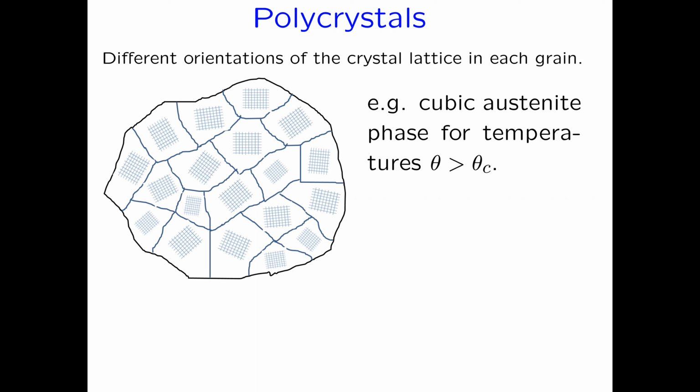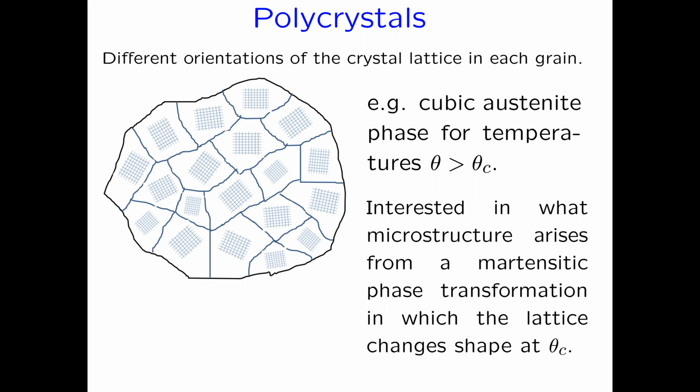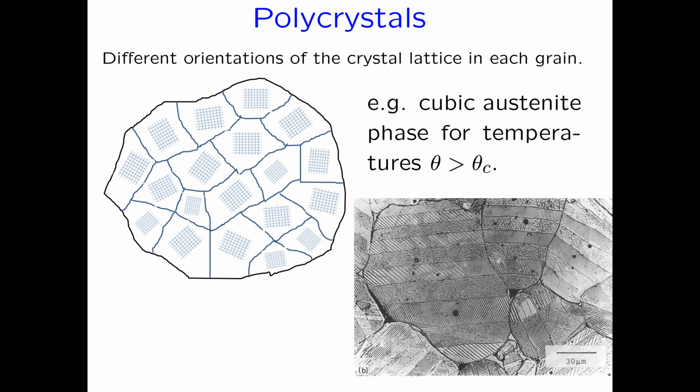So this would be, say, a cubic austenite phase for temperatures bigger than the critical temperature, it might look like this. And we're interested in what microstructure arises from a martensitic phase transformation in which the lattice changes shape at theta critical. And of course, we've already studied this for a single crystal, but now we have other things that happen.